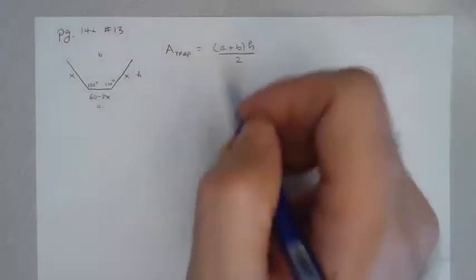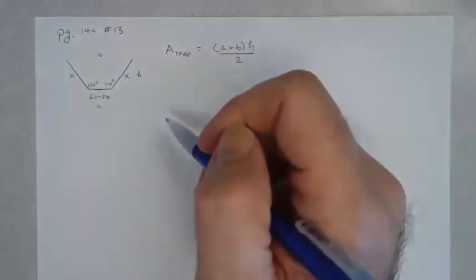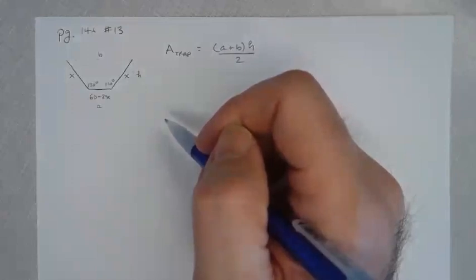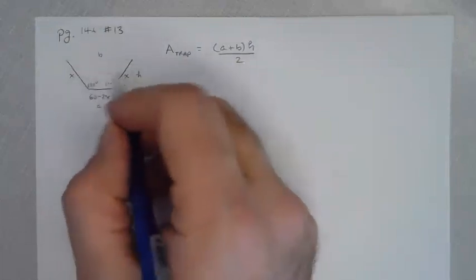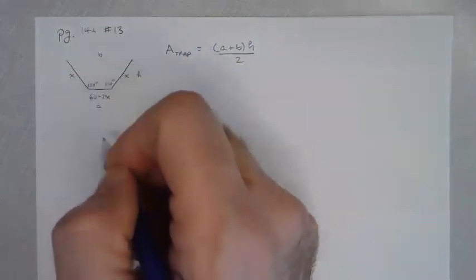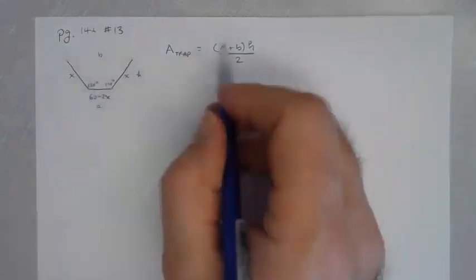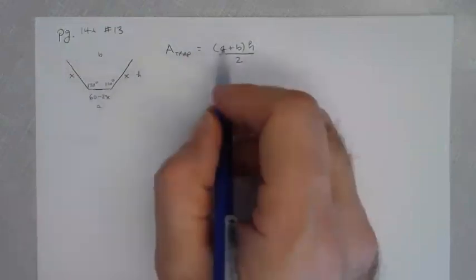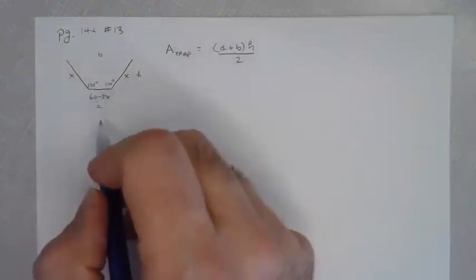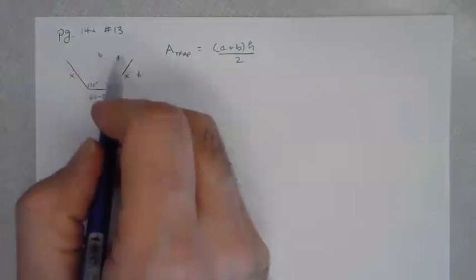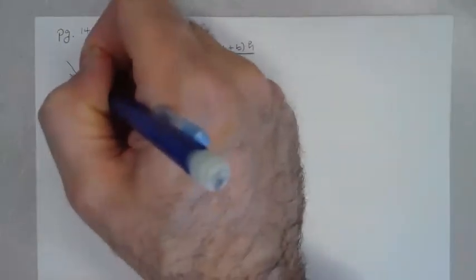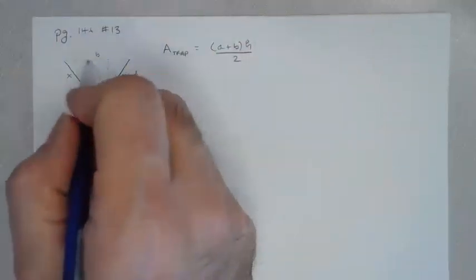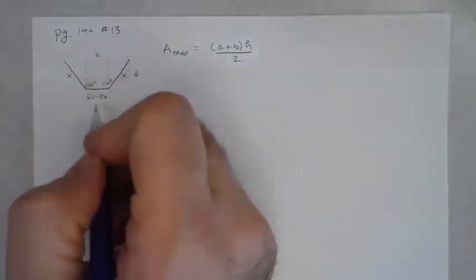And of course, there's lots of variables here. And so it looks like I'm going to want to try to put everything in terms of X. Okay, now I already have this little A value in terms of X. So that's done. The B value, well, again, very similar to last time. This portion is going to be the same as this, so 60 minus 2X.